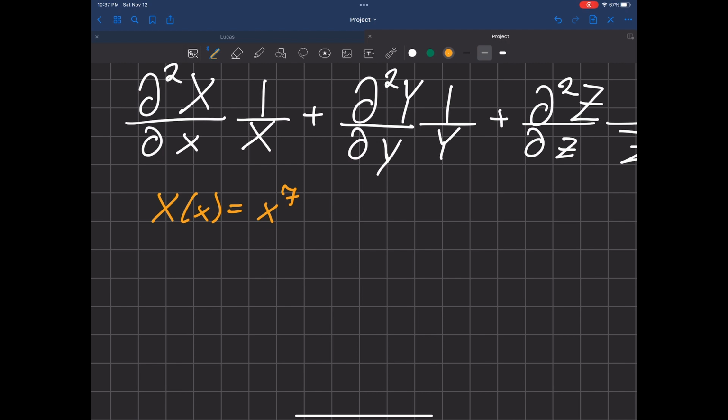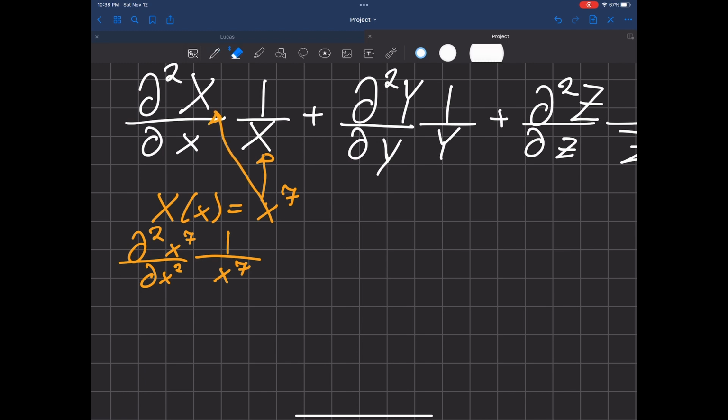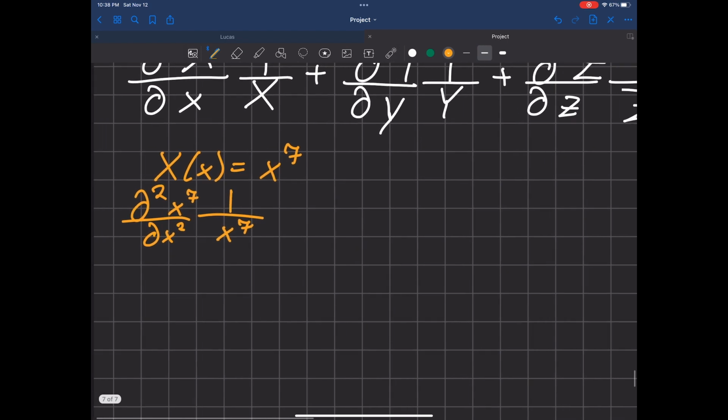Then we do the second derivative of x to the power of 7 with respect to x, and then we do 1 over x to the 7. All I'm doing is plugging this in for our big X. If I do all this, then the second derivative is going to be, we're going to have 7x to the 6, derived again.